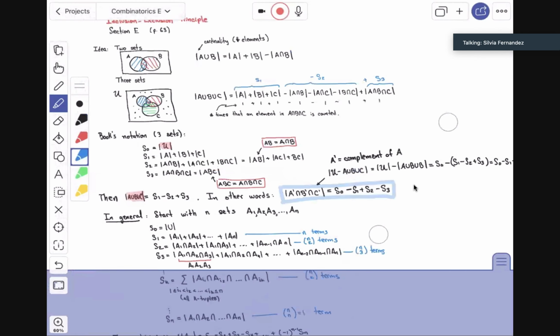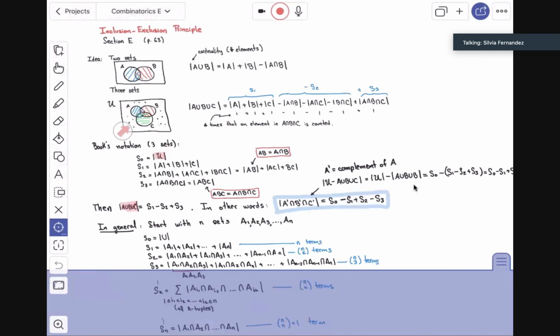If you want to know what's outside of the union, then what you can do is from the total, which is usually known in the problems, you subtract our calculation right here. And so now it just happens to look like that.